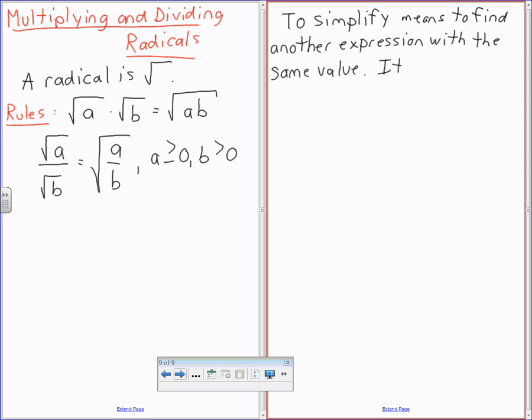It doesn't mean use your calculator. So we're going to find ways to simplify radicals, simplify square roots today. This is very useful as you get to higher math, for sure.